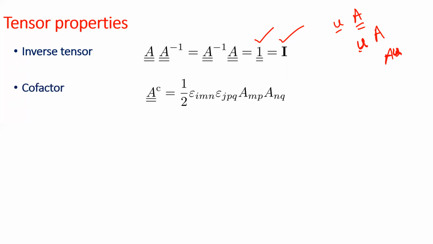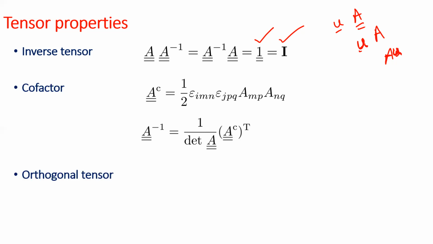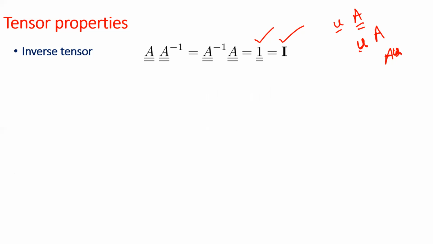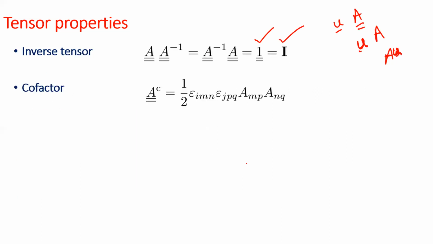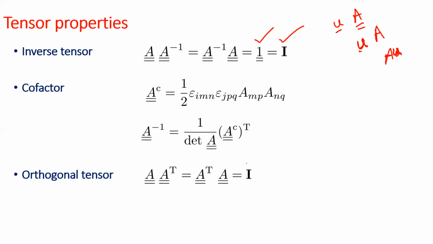Cofactor is important when you take determinants. It is defined in terms of the inverse, or one can calculate the inverse from the cofactor matrix. Again, this is a notation or theory borrowed from matrices. Orthogonal tensor is different: here I am referring to two tensors being orthogonal to each other versus a standalone tensor being orthogonal.